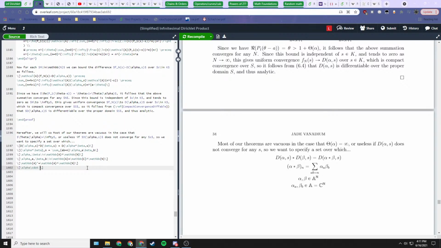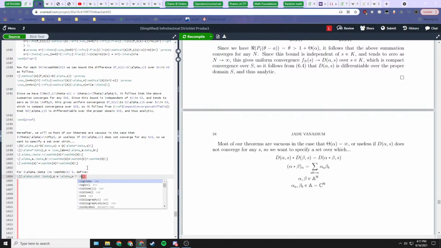alpha c dot beta, for alpha, beta in, this is a tangent, all of this is going to get deleted. For alpha, beta in A prime, we could define alpha c dot beta as being such that if we index this on some n, this is just equal to alpha sub n star beta sub n, which is the Dirichlet convolution.